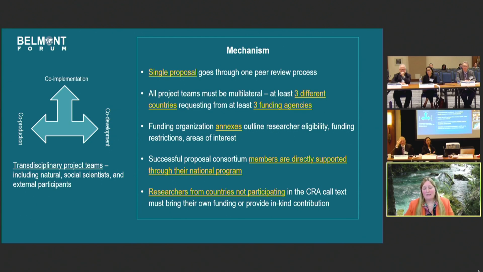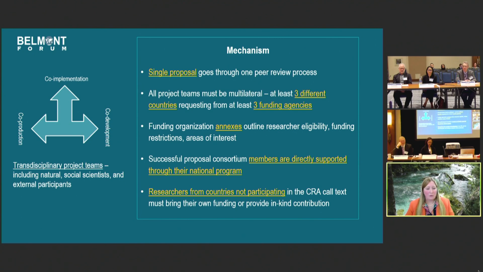Each funding organization has an annex that outlines who is eligible to receive their funding, if there are any funding restrictions, and if there are any particular areas of interest. In addition, once we go through this peer review process, the successful proposal consortium members are then directly supported through their national program. So we do not pool any money. There's no commingling of funds, which again has been a big step forward to international collaboration.